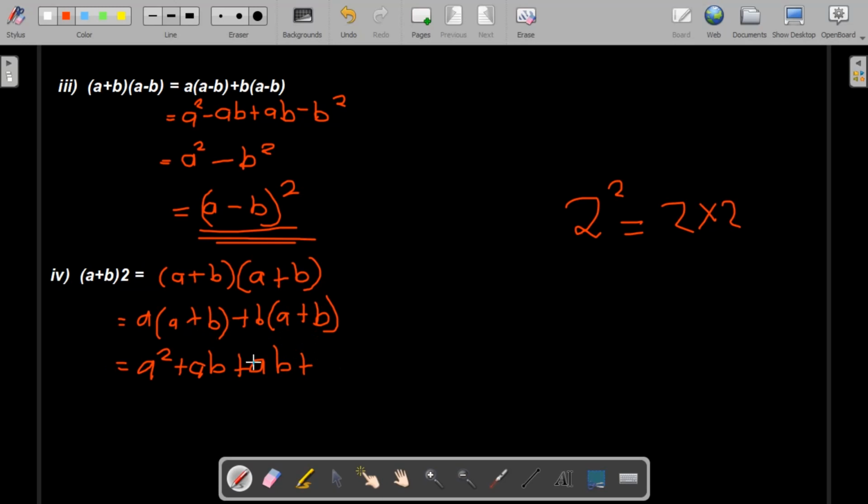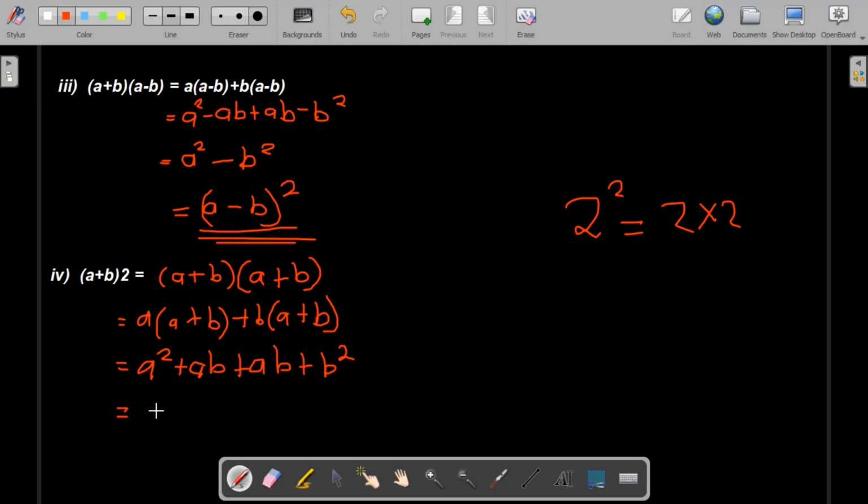We can notice the difference between these two equations: here we have plus ab plus ab, whereas before we had minus ab plus ab, which is when we said it's 0. These ones we can still add.